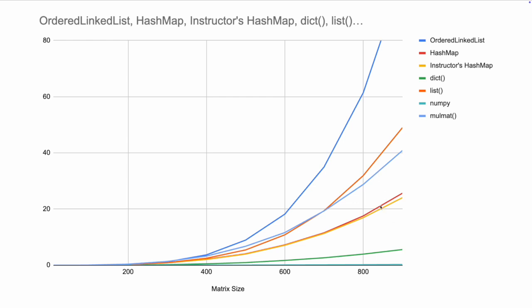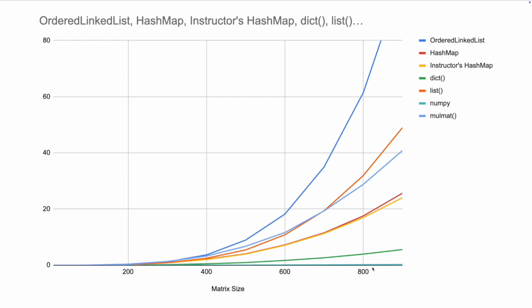And these two are sparse matrix with hash map. My implementation is a little bit slower than the instructor's implementation, but it's using the same logic. And then this line is when we use the same logic as hash map, but switch the data structure to a Python built-in dict. That leads to a lot better speeds. And then on the very bottom is NumPy speed, which is very, very impressive.